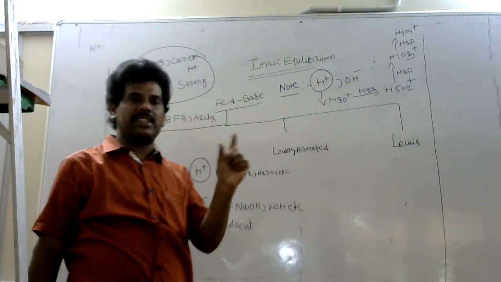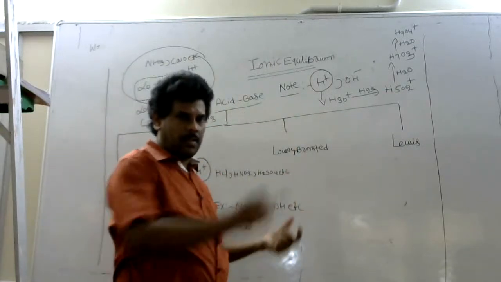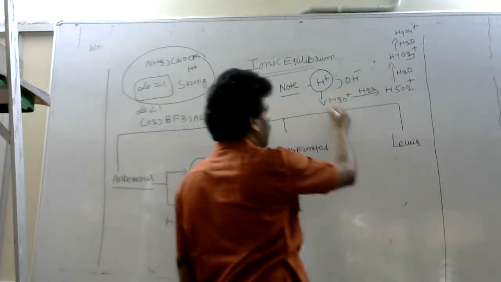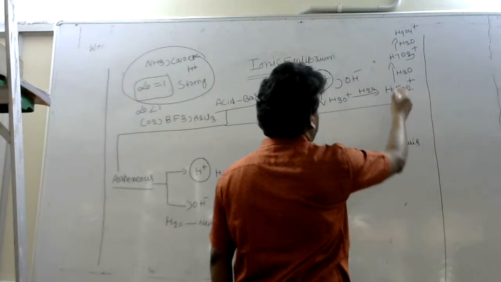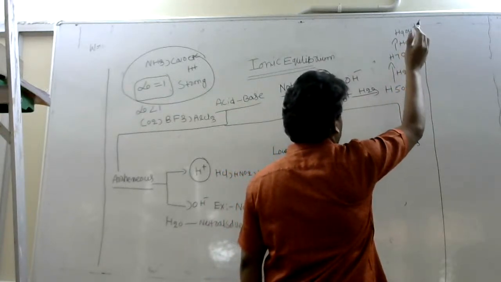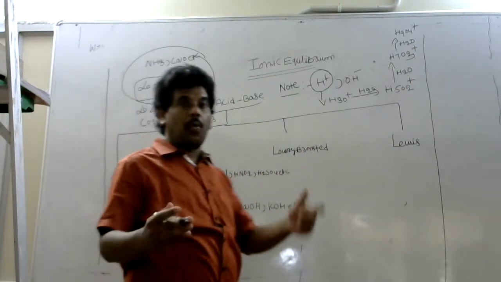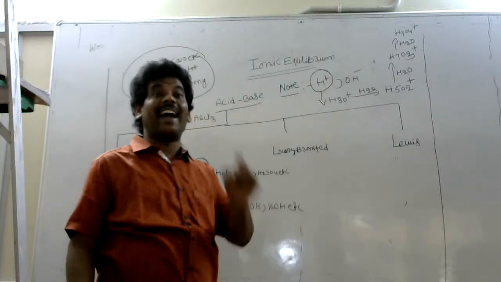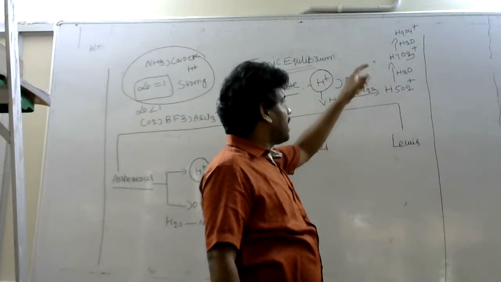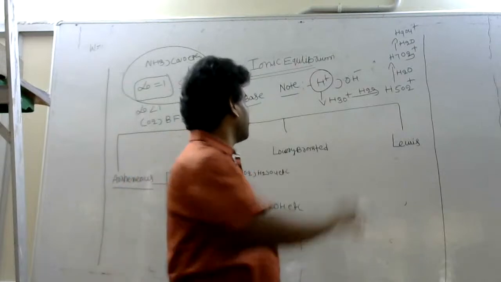H plus ions and OH minus ions in aqueous form exist in hydrated ion form because they are very small size. H plus ion exists in hydrated form in the following formulas: H3O plus, H5O2 plus, H7O3 plus, H9O4 plus. H9O4 plus ion exists due to presence of hydrogen bonds.